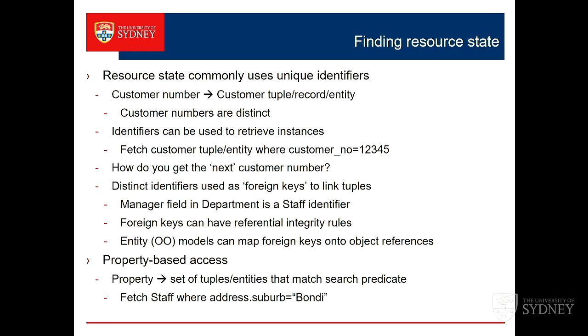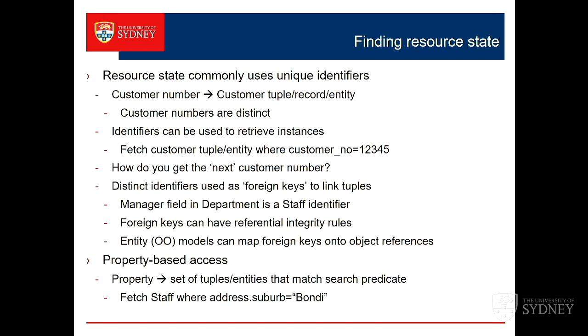What will be present in the department tuple record for the accounts department will be the unique identifier of the staff record for the manager of that department. So I'll just use those distinct identifiers as foreign keys.